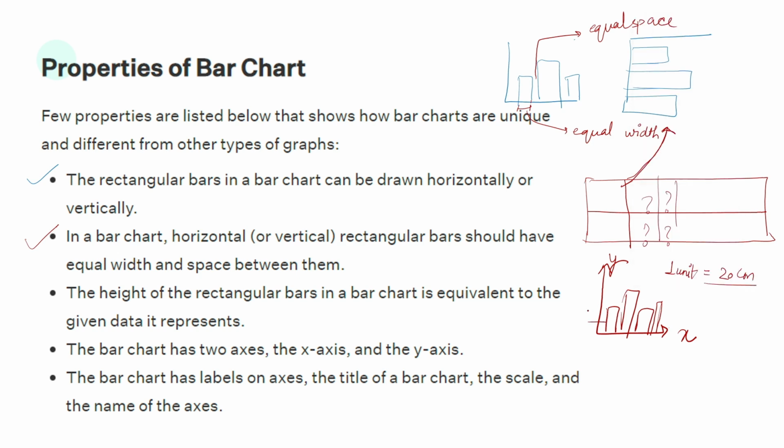So here there will be a difference of 20 centimeters on the scale. Here are the labels. If we represent that, this represents central, this east, west, and north. So this is how it is different and unique from other graphs.